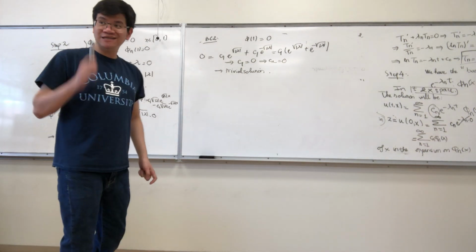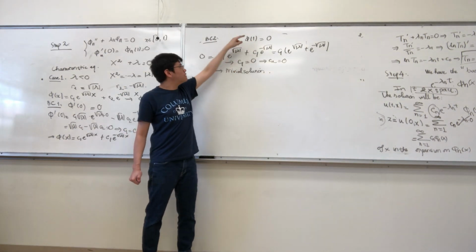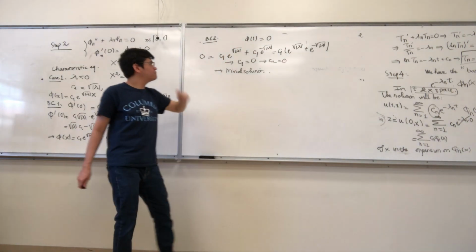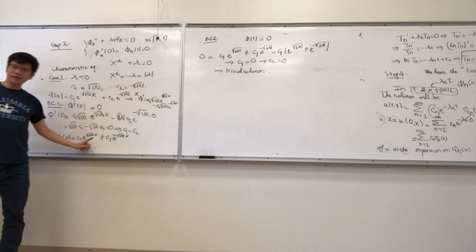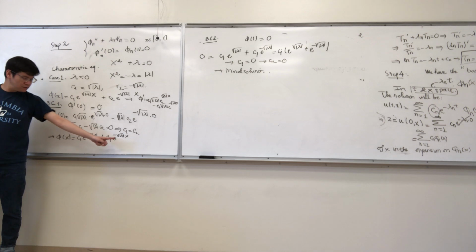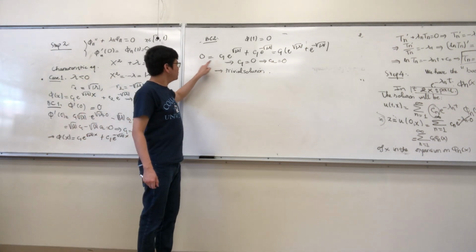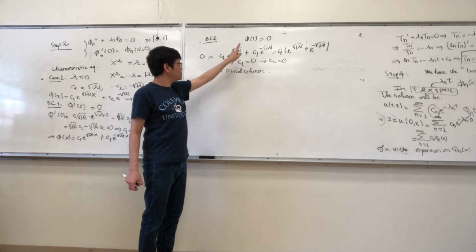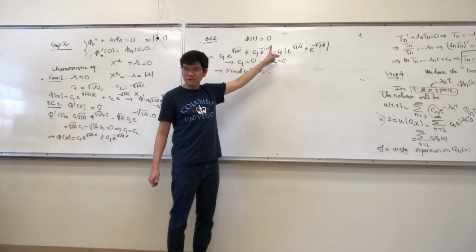Now you're going to use the second boundary condition. The second boundary condition is that phi of 1 is 0. So because phi of 1 is 0, you replace 1 into this formula. When you replace 1 into this formula, you have 0 is C1 exponential of square root of lambda plus C1 exponential of minus square root of lambda.